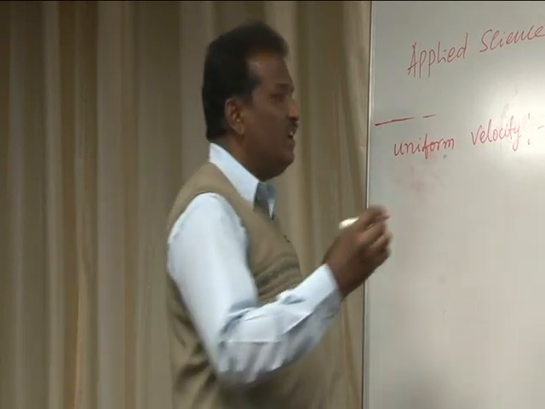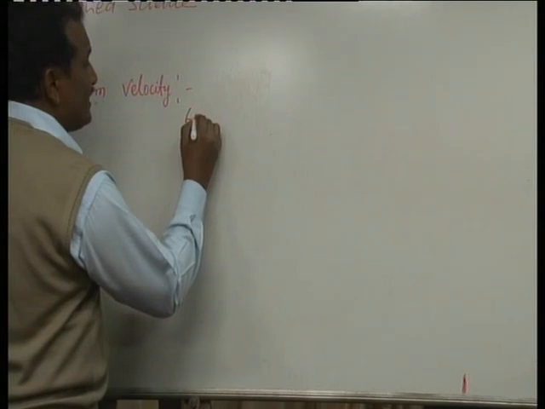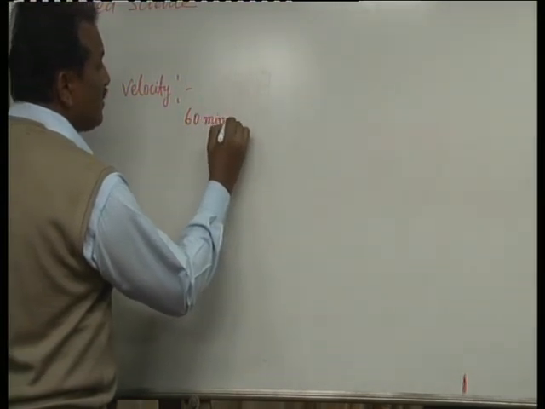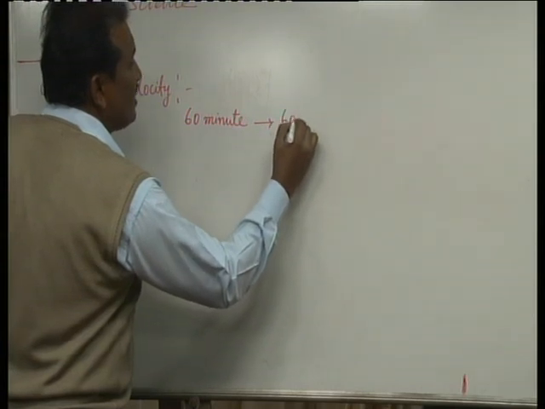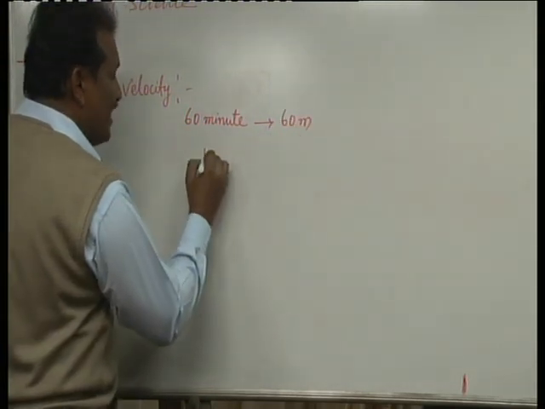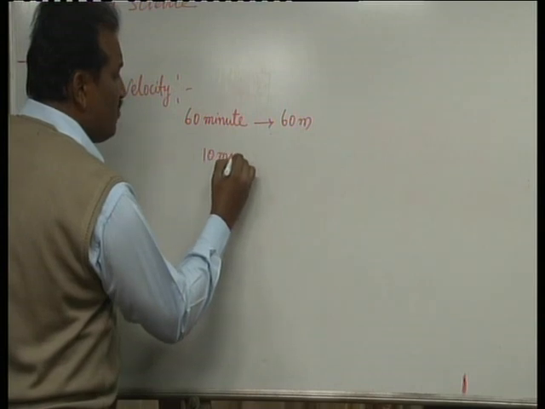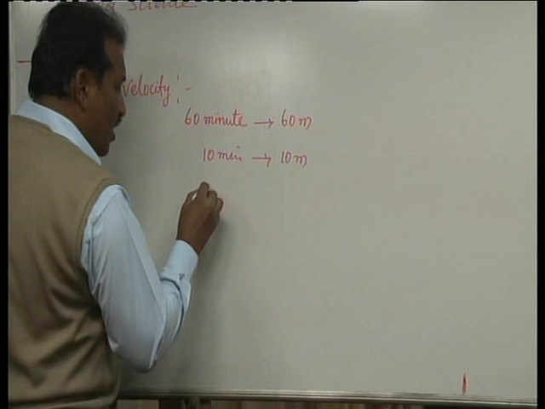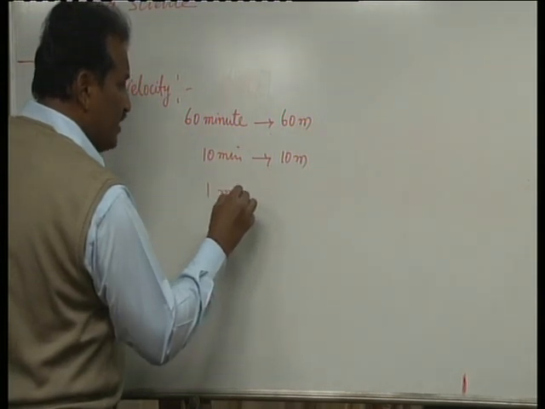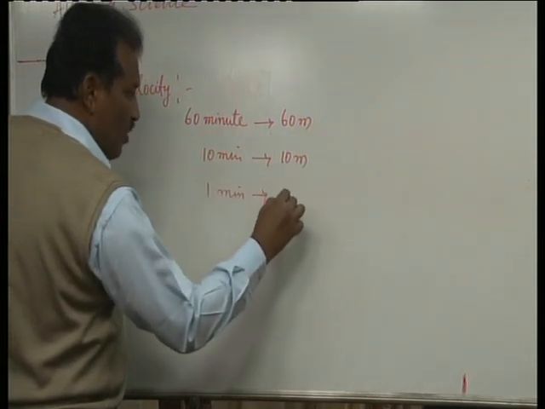So, you just see, for 60 minutes it travels a distance of 60 meters. For 10 minutes, it travels a distance of 10 meters. For 1 minute, it travels a distance of 1 meter.